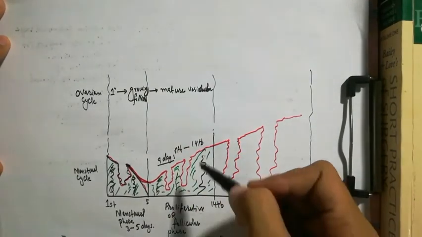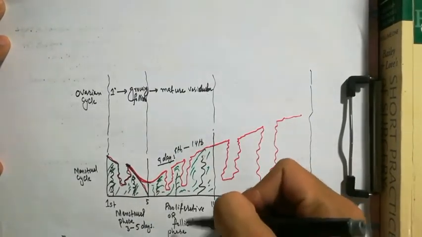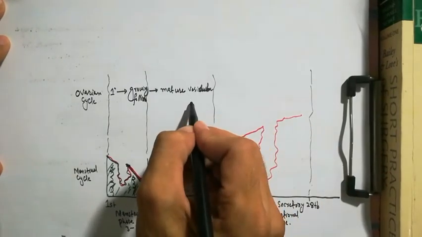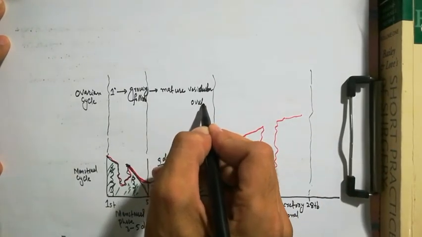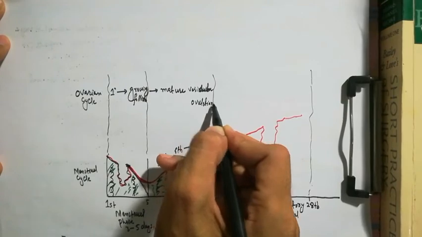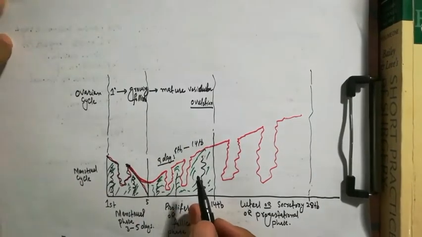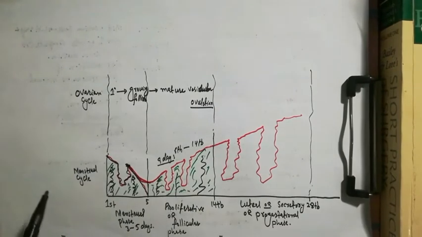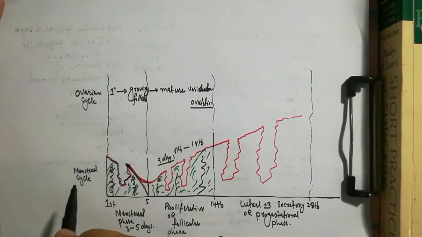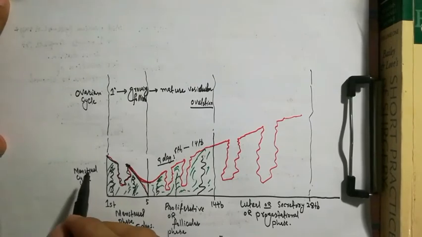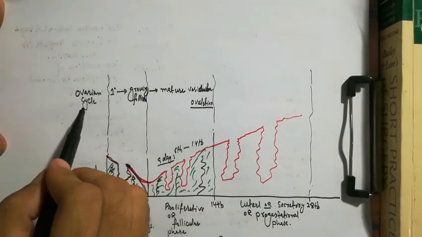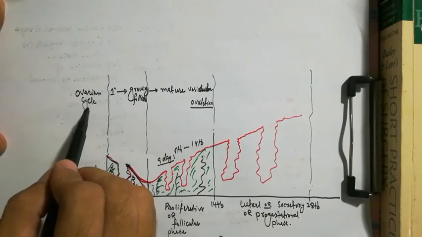And at the end of the proliferative phase, ovulation occurs. Means the menstrual cycle is cyclic changes in uterus, and the ovarian cycle is cyclic changes in ovaries.